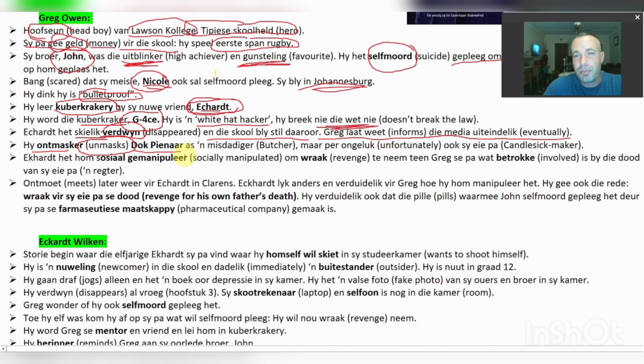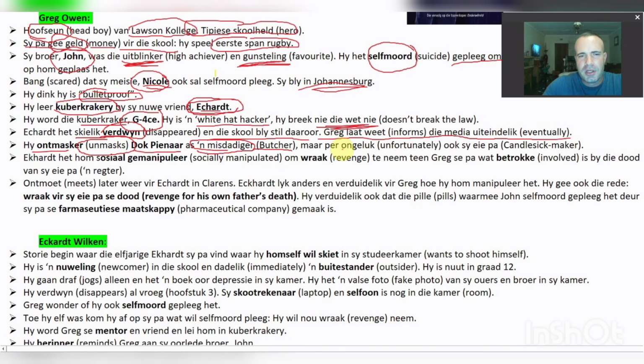Okay. And Doc Pienaar is the principal of Lawson College. We'll look at him individually just now. As a criminal, the butcher. Okay, there are 3 here. There's a trio of criminals: the butcher, the baker, and the candlestick maker. Like that rhyme.